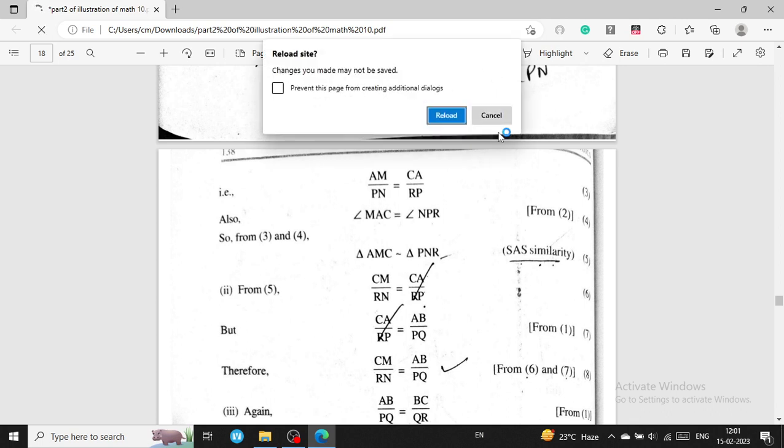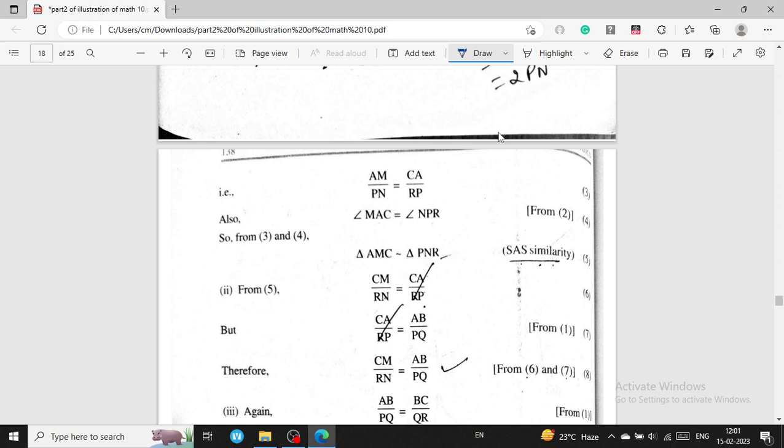Here, given in the statement, these triangles A, M, B, C, and in another triangle we have given R, Q, N, P. Now we will write CM, because we will solve the second equation.